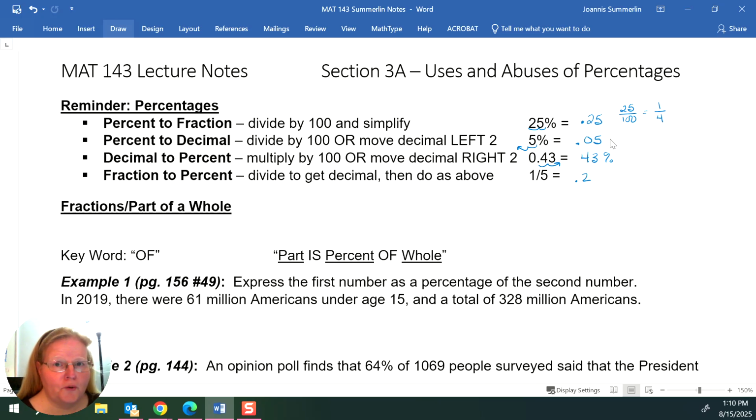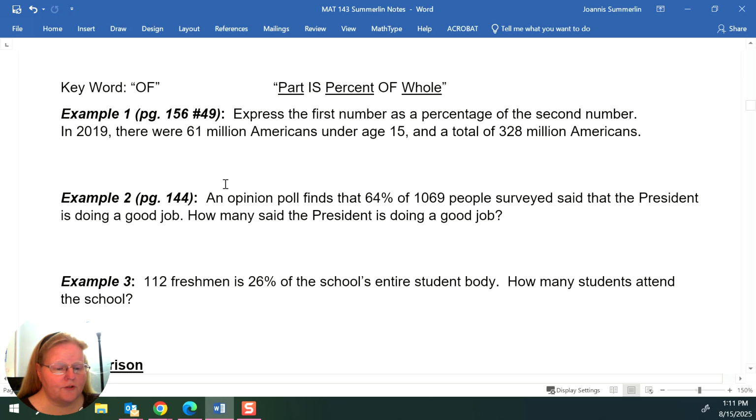You have to know to move to the left or move to the right. Those are the ones that you need to have memorized. Decimal to percent, percent to decimal. But the fractions, I do on the calculator because it's there for you. It does it for you. It doesn't really do the percents for you. You kind of got to be able to do that yourself. But we'll talk about it.